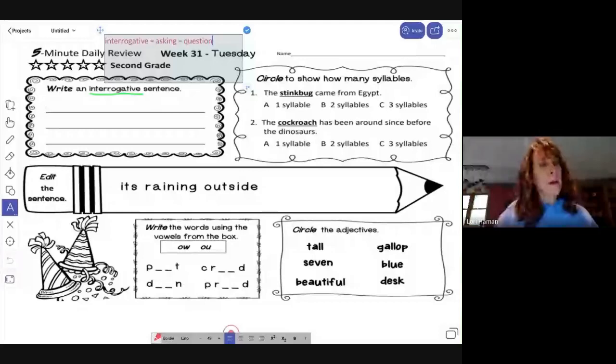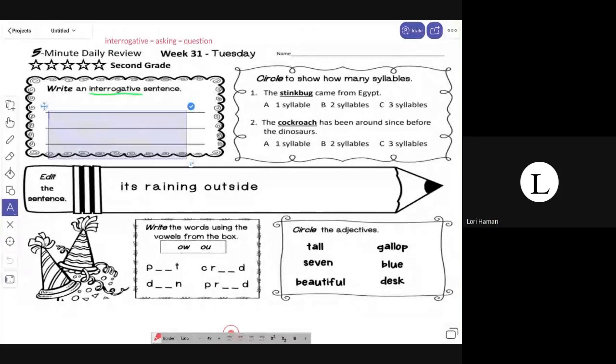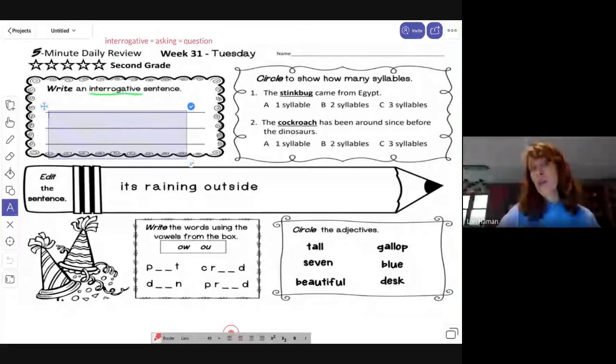So if you're going to write an interrogative sentence, you are going to want to think about asking. That would be maybe thinking back to when we had reading work and we had to ask and answer questions, and we might have thought of the five W's and the H, so you could think of who, what, where, when, why, how. Those could be good beginning words.